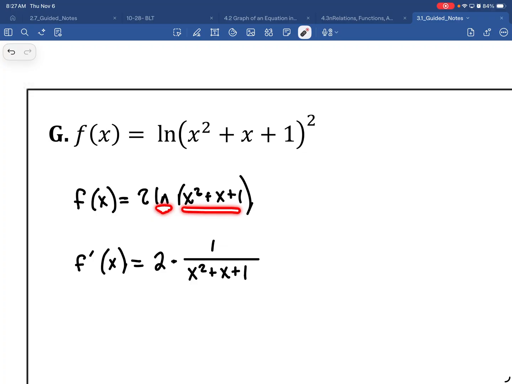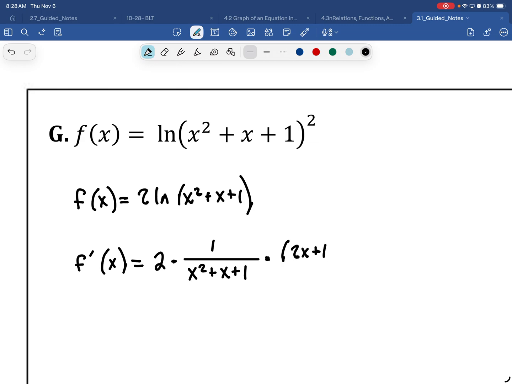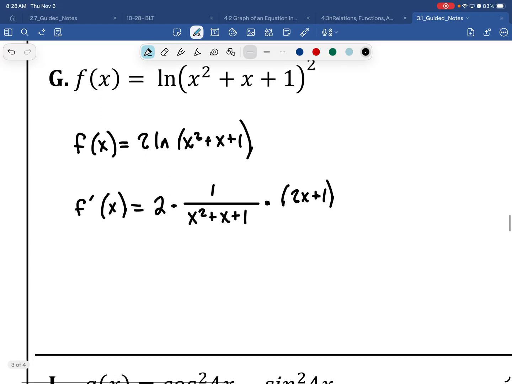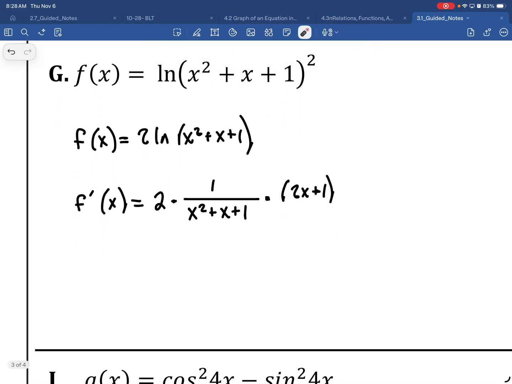Now I need to move in and do the derivative of x squared plus x. So times the derivative of x squared plus x is, right? You have to go in the parentheses and do a derivative. And then you could clean that up a little bit. You could multiply this 2, this 1, and this 2x plus 1. That's all your numerator.